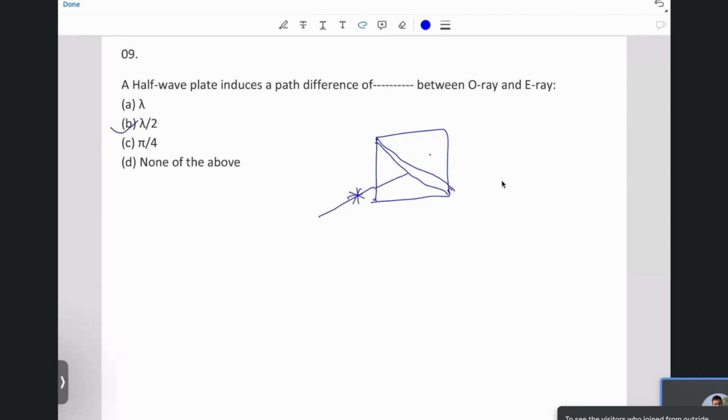All the other components will be removed. Only a single component of light which is polarized in one direction will pass through. It is the property of the material. So you will get a linearly polarized light. Then you can rotate the Nicol prism by 90 degrees, and you can get a polarized light in, suppose, y direction. So one in x direction, one in y direction.